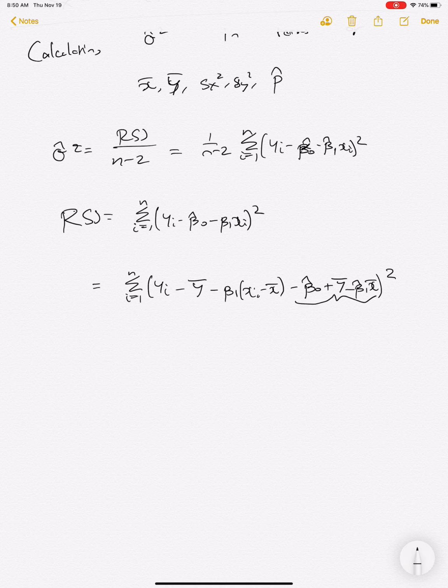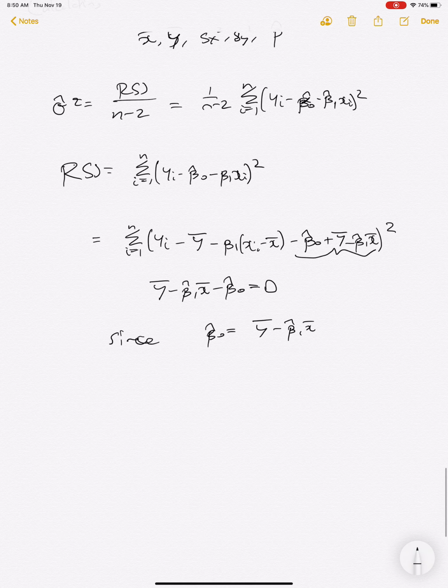But what's important to note there is that we have this term, y bar minus beta hat 1 x bar minus beta hat 0, and we know that that thing is equal to 0, right? Because that was the first key equation, since we know that beta hat 0 equals y bar minus beta hat 1 x bar.